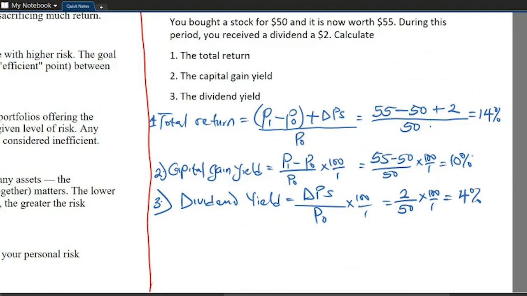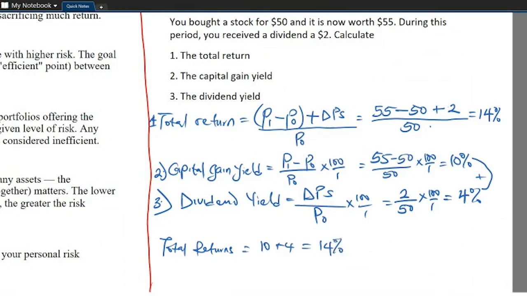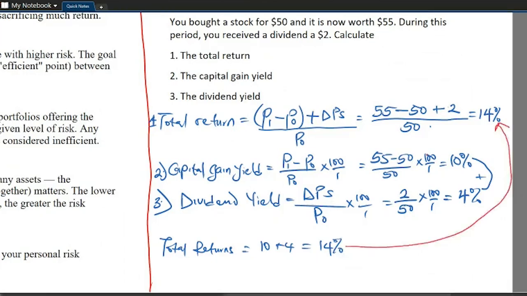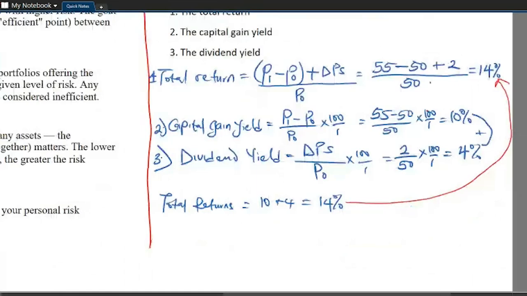So if you look at this calculation, when you add them together, 10 plus 4 gives 14%, and that agrees with the answer we got here.